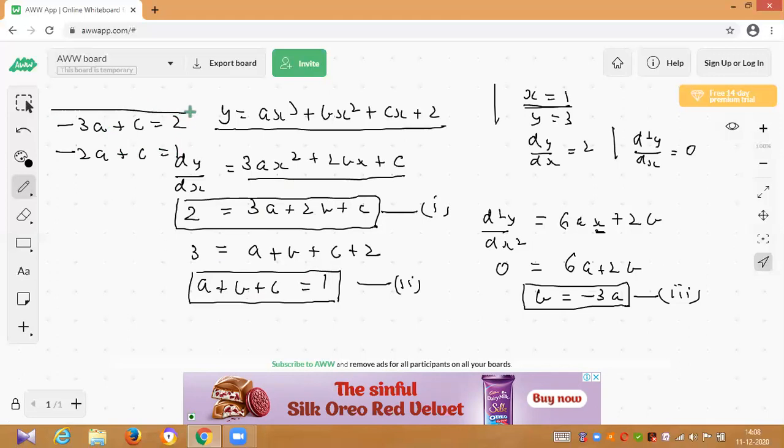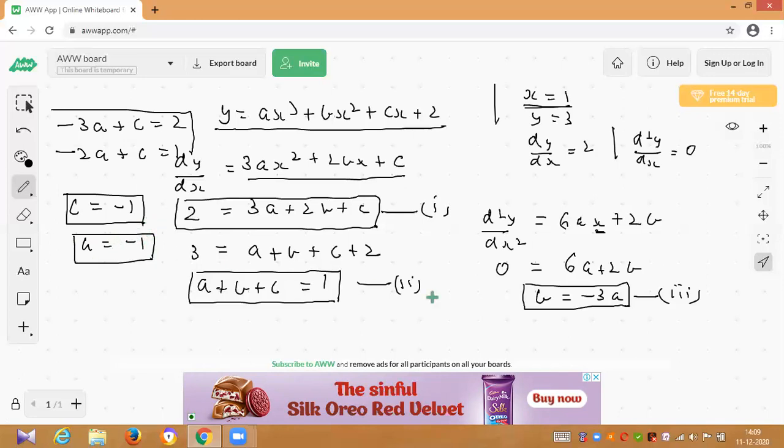I can solve these two equations simultaneously. So the value of c that I get is minus 1, and with c as minus 1, the value of a which I am getting is also minus 1. Solving these two equations simultaneously, you can see a and c are minus 1.